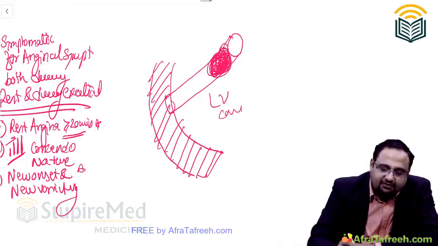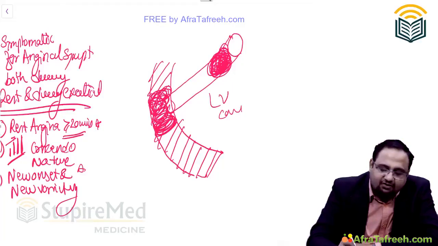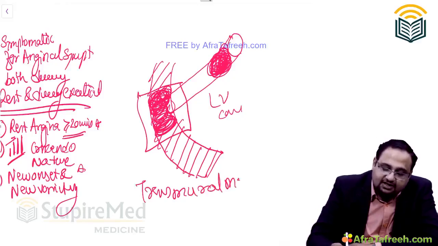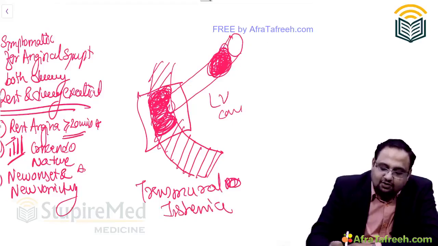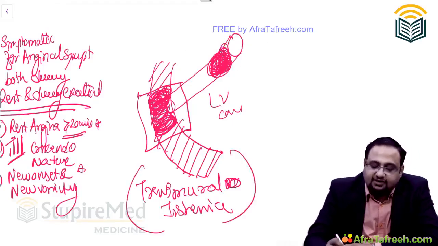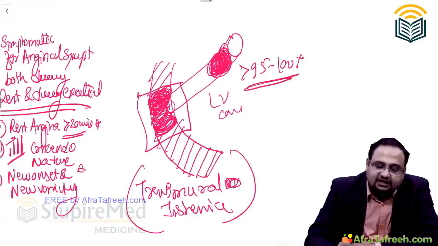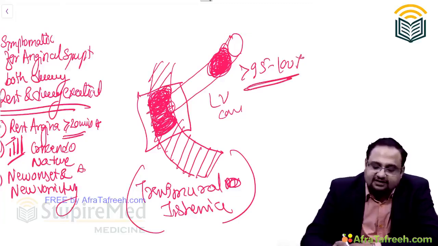Transmural ischemia will develop. Complete transmural ischemia. That means whenever the coronary artery is blocked more than 95% to 100%, it is sufficient to cause whole thickness ischemia.